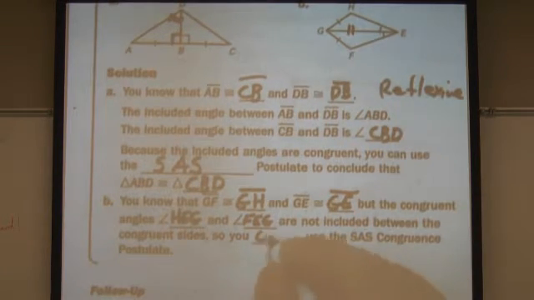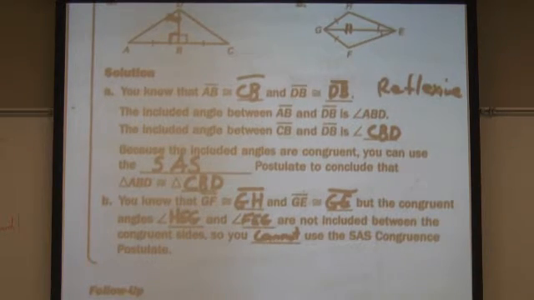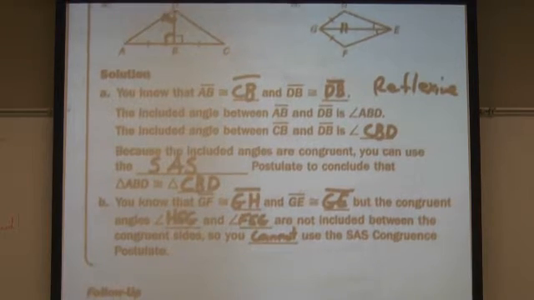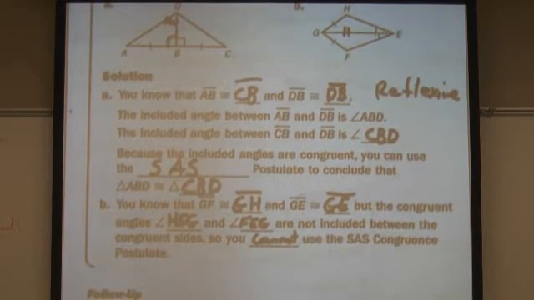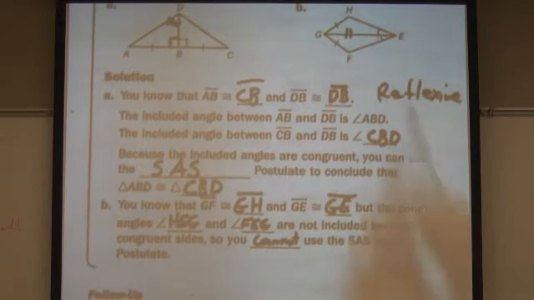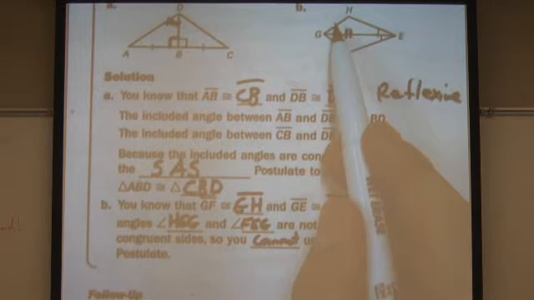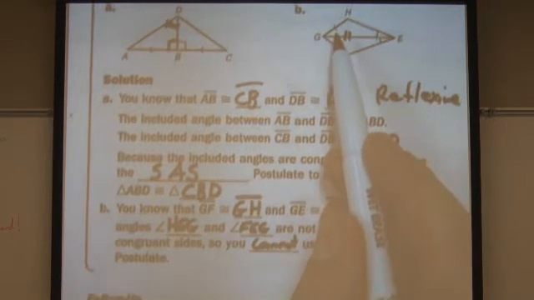So you cannot use the SAS congruence. What we should have had in order to use SAS is we would have to use the angles located here at G. If we wanted to use SAS, the angles here located at G would be the congruent angles.